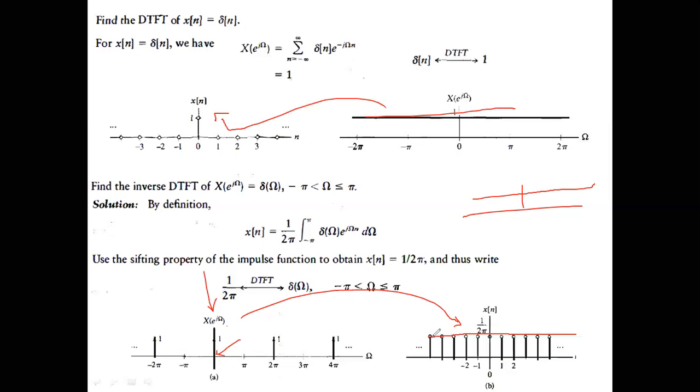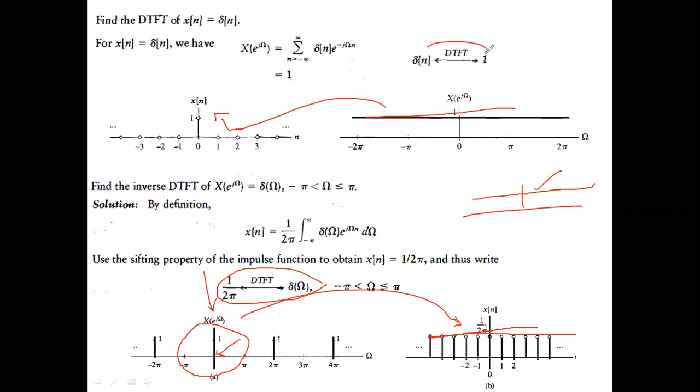That means a signal which has 0 frequency, or a DC, has an impulse. So this frequency domain representation says there are no other frequency components from minus pi to pi, but only at 0, which is DC. Remember this standard result.